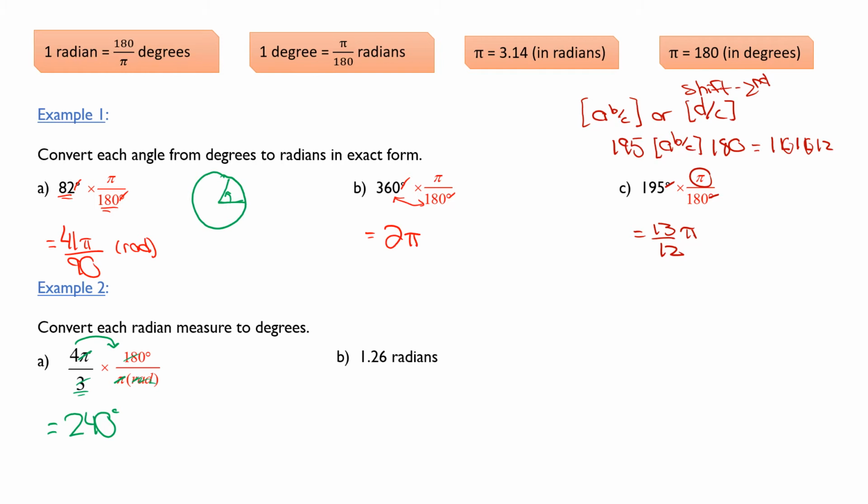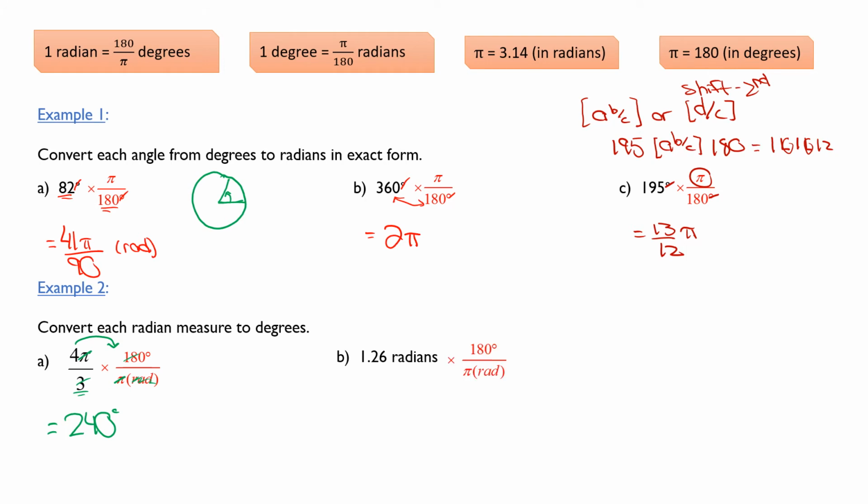1.26 radians. This one's a little different because it doesn't have a pi in it, but it has the word radians to tell you that we're in radians, because the pi isn't there to indicate that. And there are decimals. So if there are decimals, instead of using just pi, we will use 3.1459. We're going to use the number for pi as much as we can.